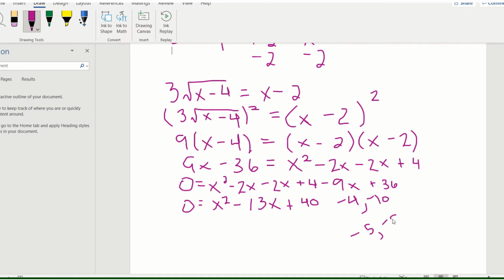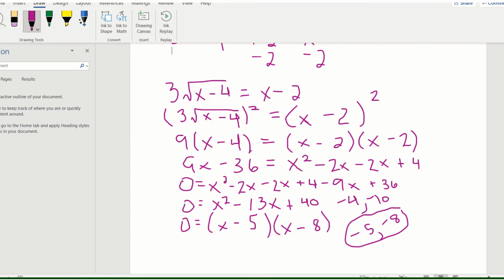And if we look at those, we could keep listing factors, but immediately we see that this one right here adds to negative 13, which gives us the middle. So that is the proper set of factors. So let's list our factors as x minus 5 and x minus 8.